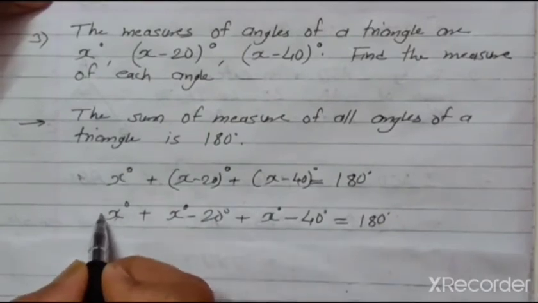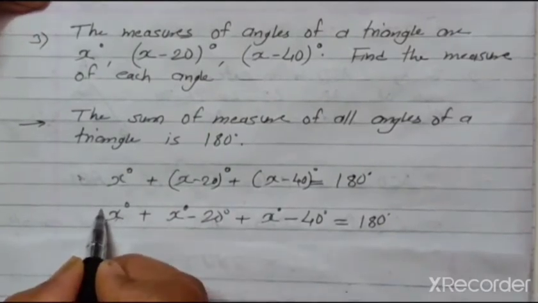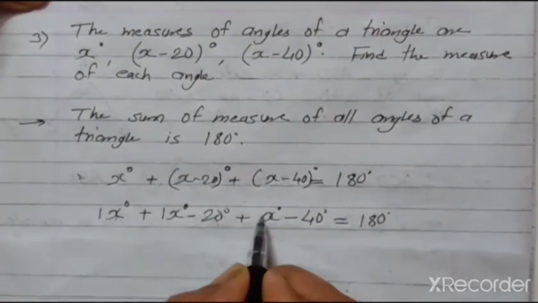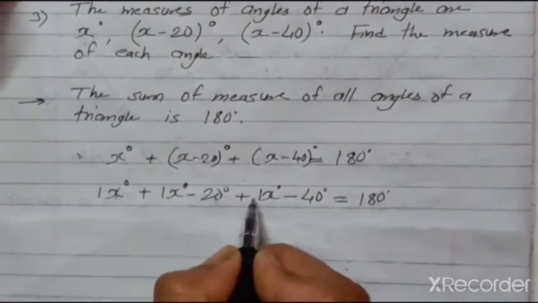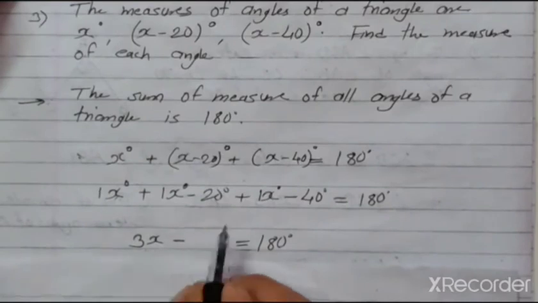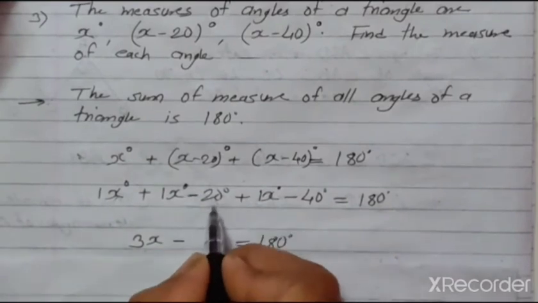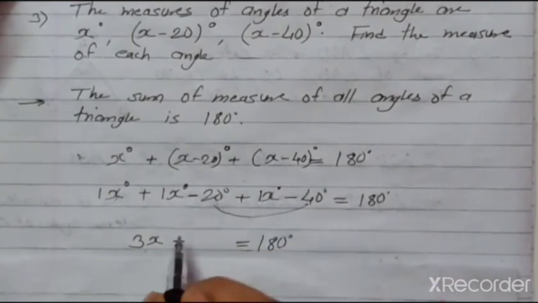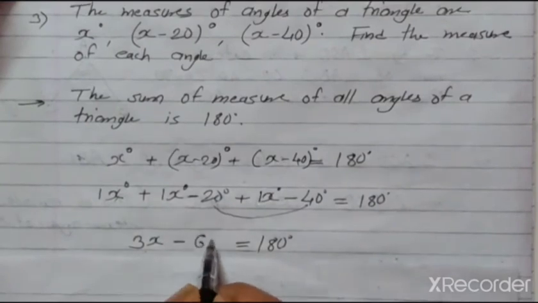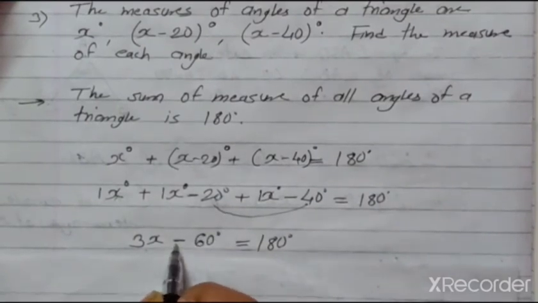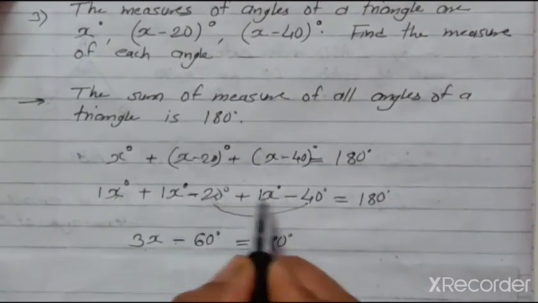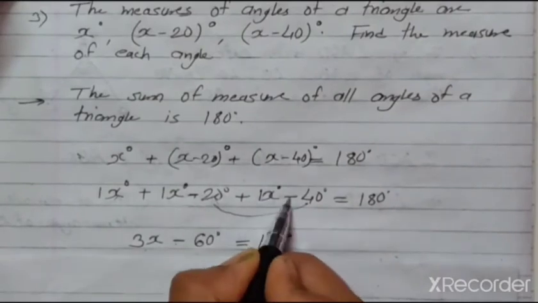Now the coefficients of x are 1, here also 1 and 1. So 1 plus 1 plus 1 is equal to 3x. Now the addition of 20 and 40 is 60 degrees with a minus sign. Here we add because the signs are the same.